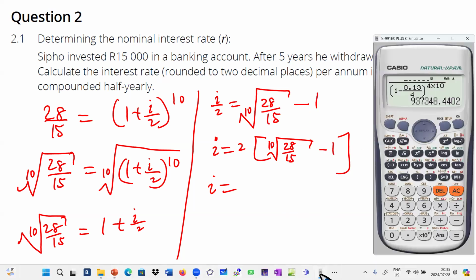Some of the questions I'm going to engage you. So 2, open bracket. This one here, then you have 10, and then you put here 28 out of 15.